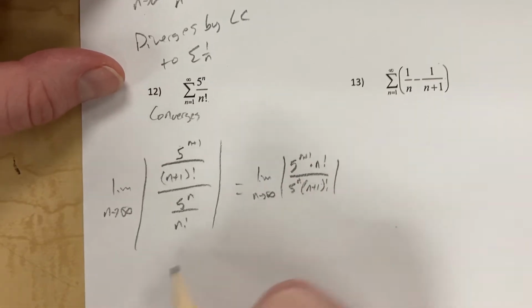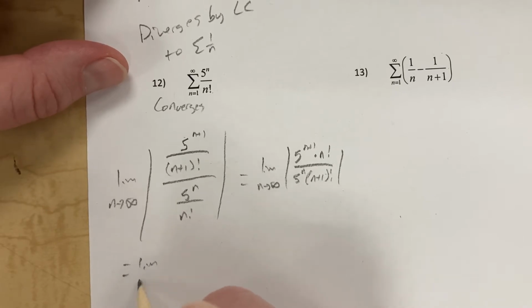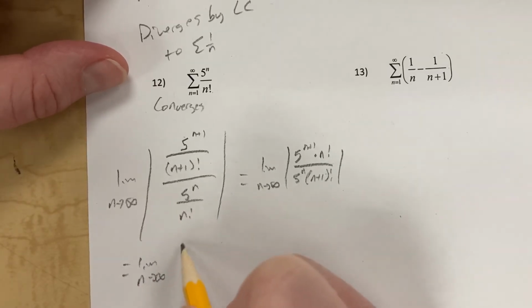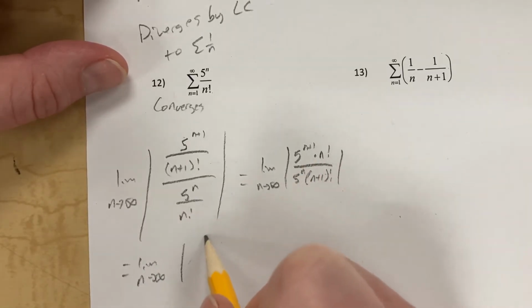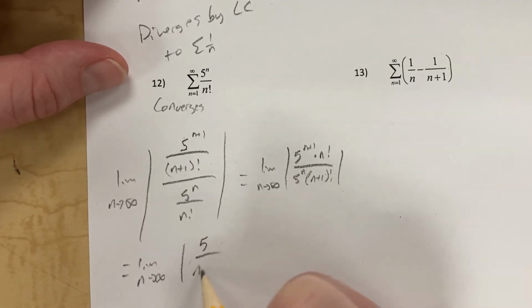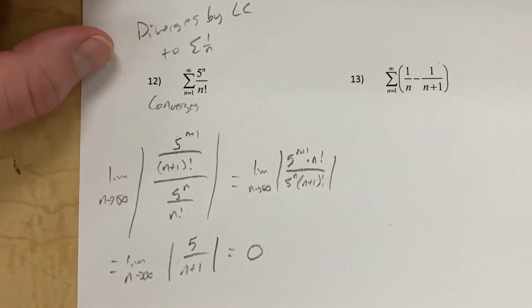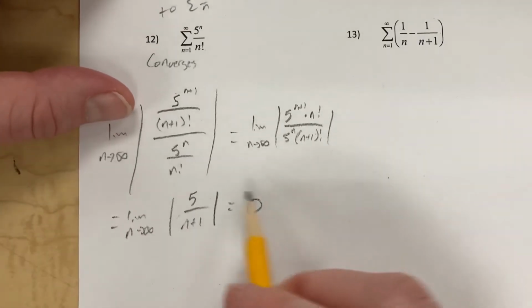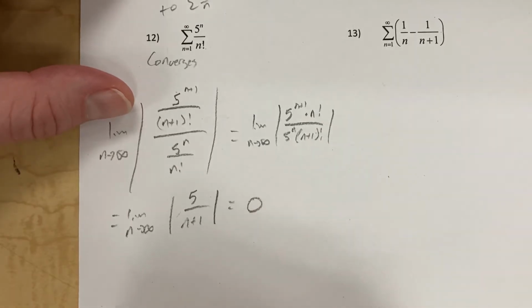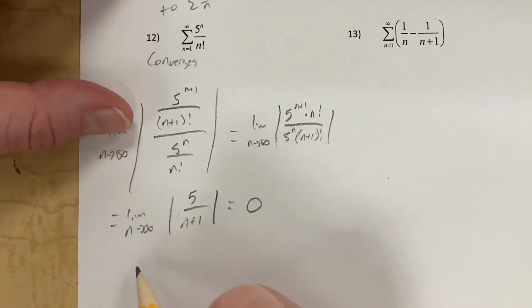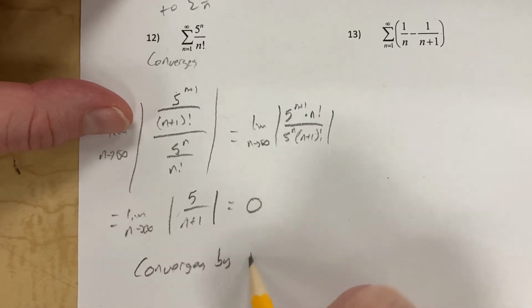So that's going to give us the limit of, there's 1 extra 5 on top, there's an n plus 1 on the bottom. As n gets super big, this is going to get smaller and smaller. It's going to go to 0. So the ratio test says if you get that limit less than 1, then you have a converging series. This converges by ratio test.